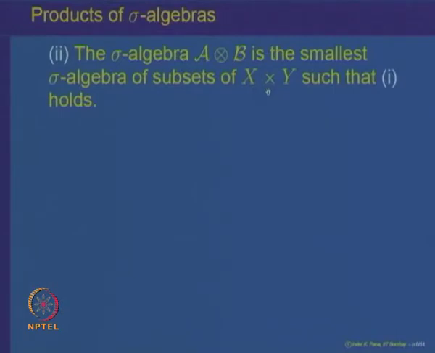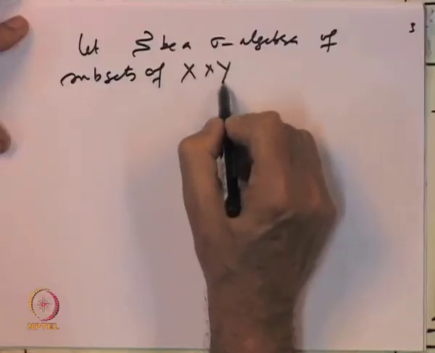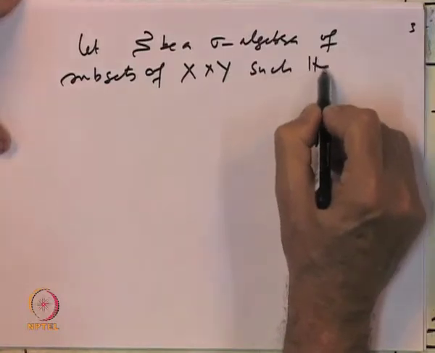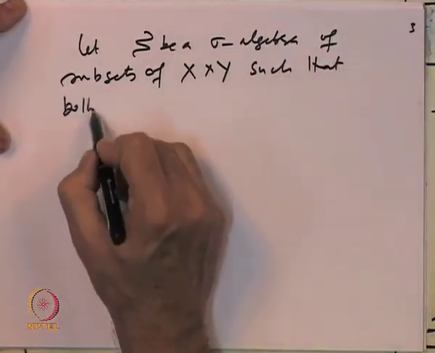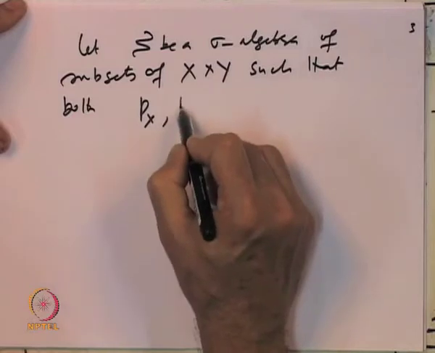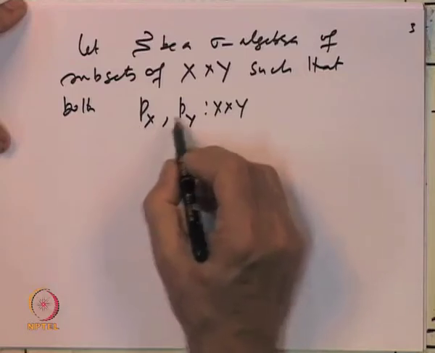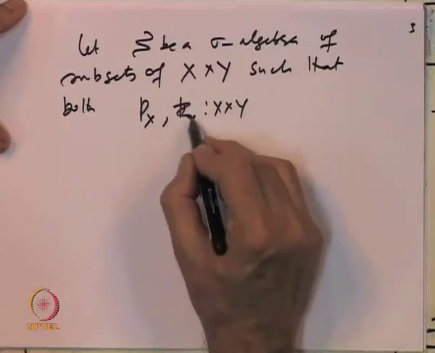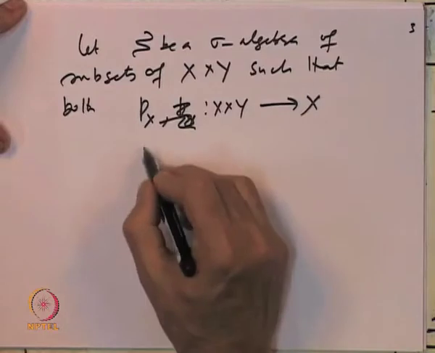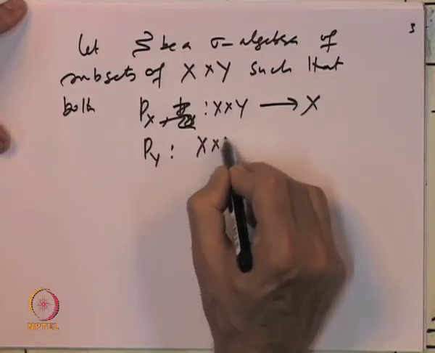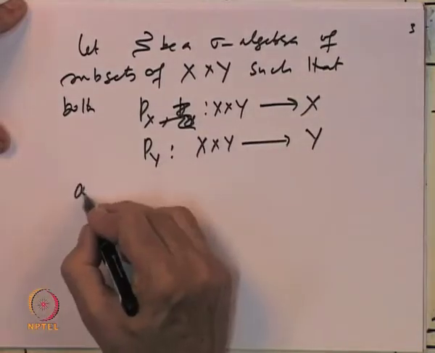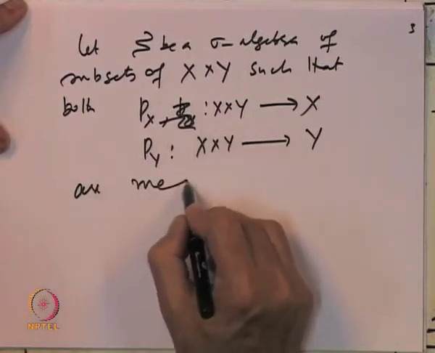So, let us look at a proof of that. Let S be a sigma algebra of subsets of x cross y such that both P x, from x cross y to x, and P y, from x cross y to y, are measurable.